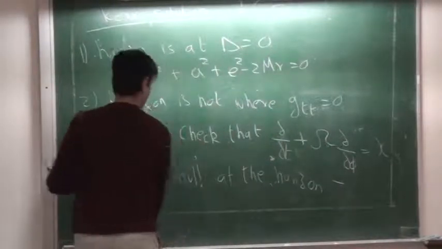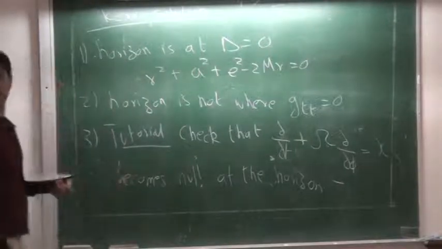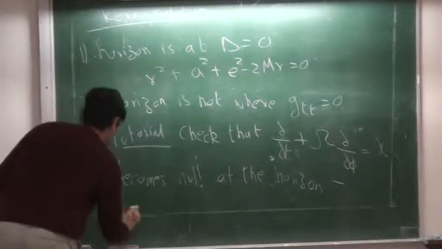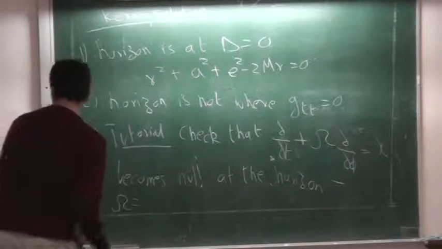This is a different omega, it's not the sphere omega. This omega is called the angular velocity of the horizon.